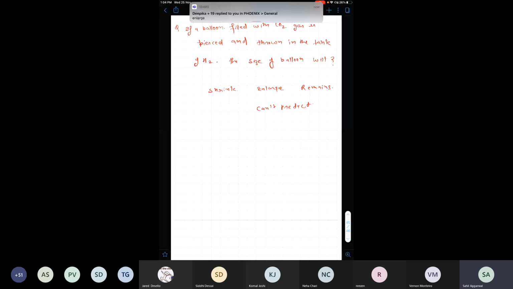पीएच का मतलब उसमें छेद कर दिया है सुई से. ये तो आपको पता ही होगा पीएच का मतलब क्या होता है. Enlarged.